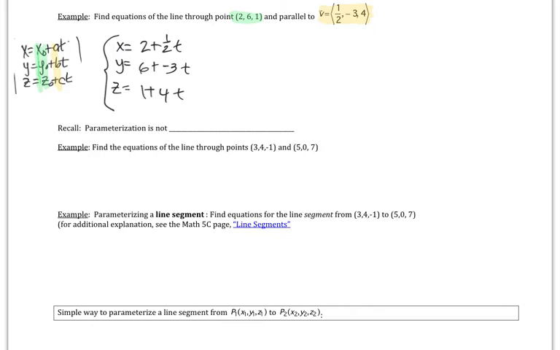But let me show you something here. If this is v, then 2v, for instance, would be 1, -6, 8. And 2 times v is parallel to v. So if we're saying we want a line in the direction of 1/2, -3, 4, something over here, I'm not drawing it accurately, that would be my direction vector v. Now 2 times v looks like this.